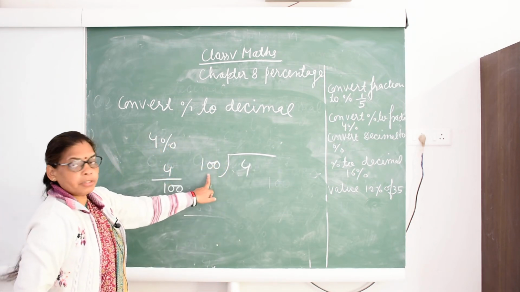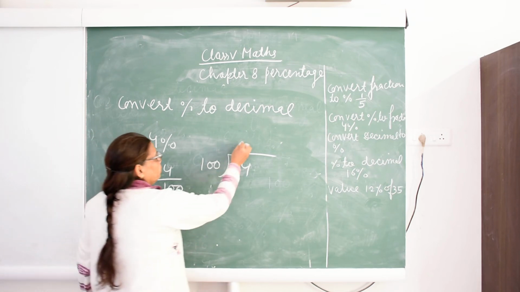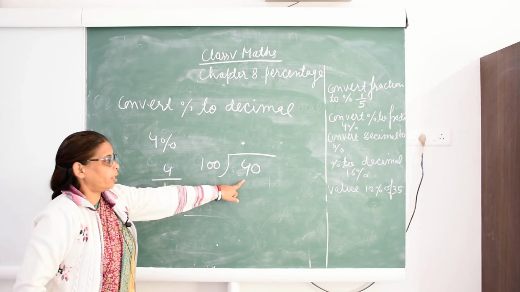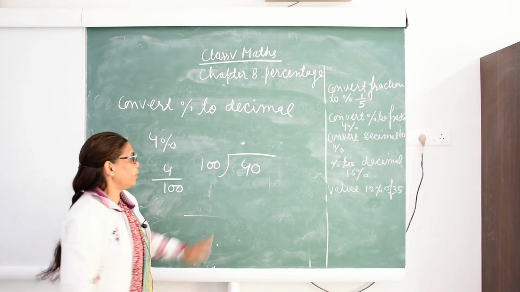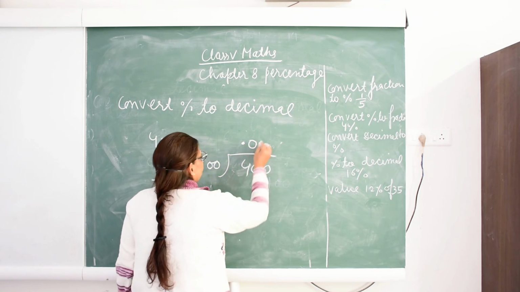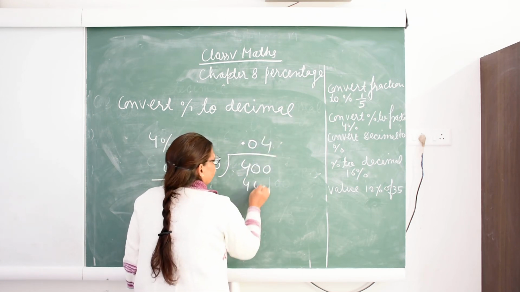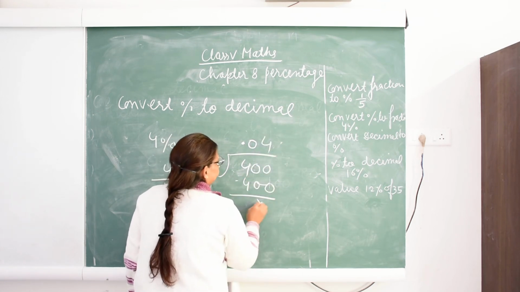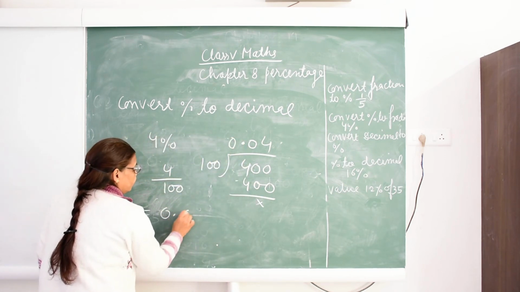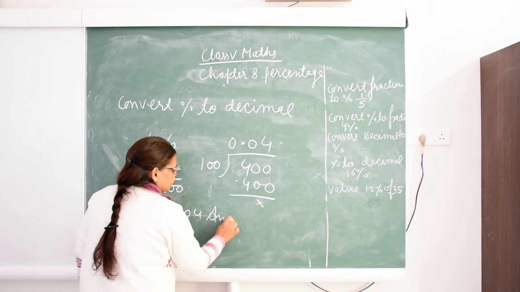So 4 is not divisible by 100. So first you put the decimal and 0 here. 40 is also not divisible by 100. So first you put this 0, again here 0. Now 100 4s are 400. So 0.04 is your answer.